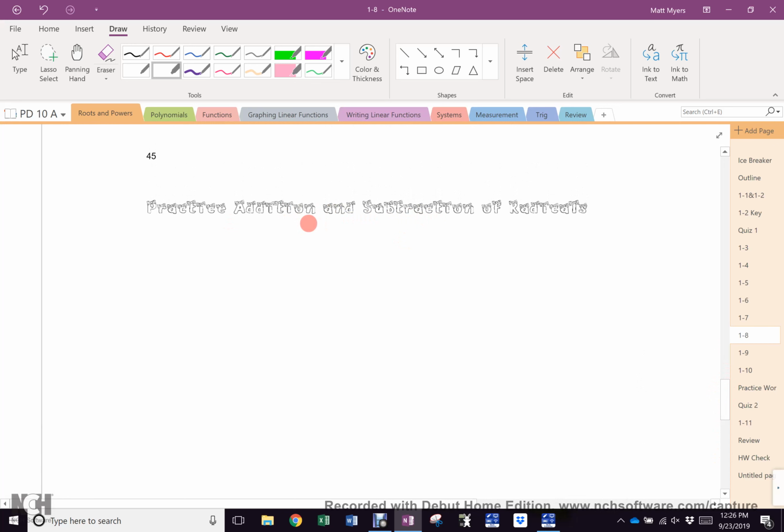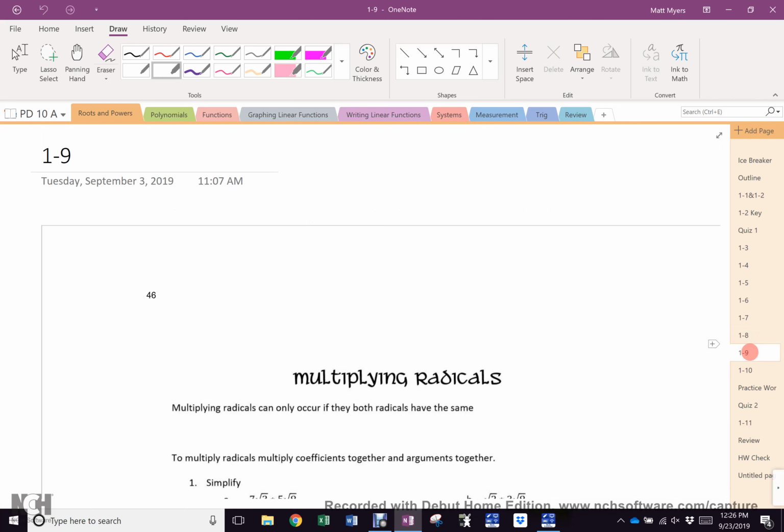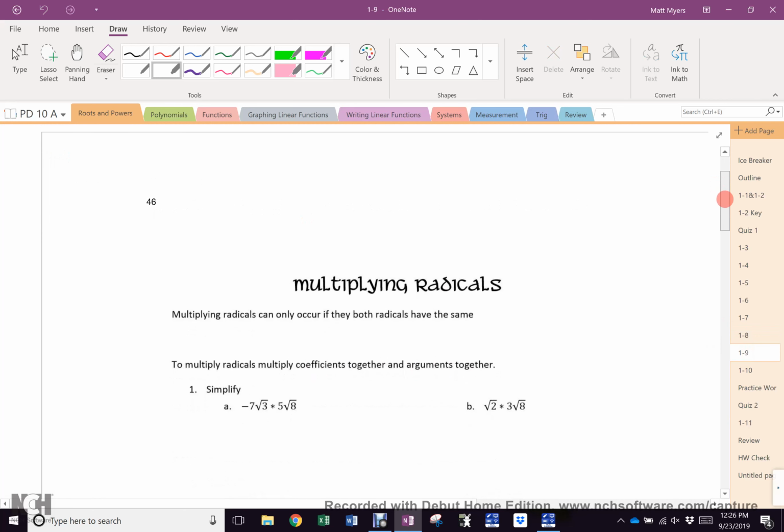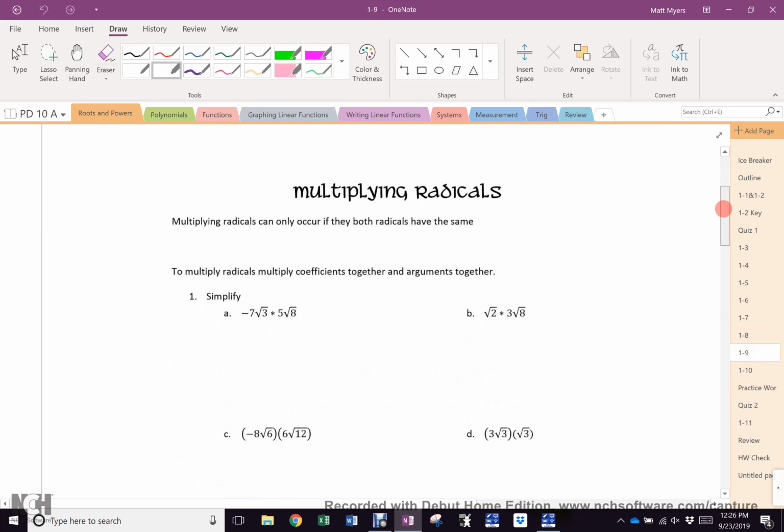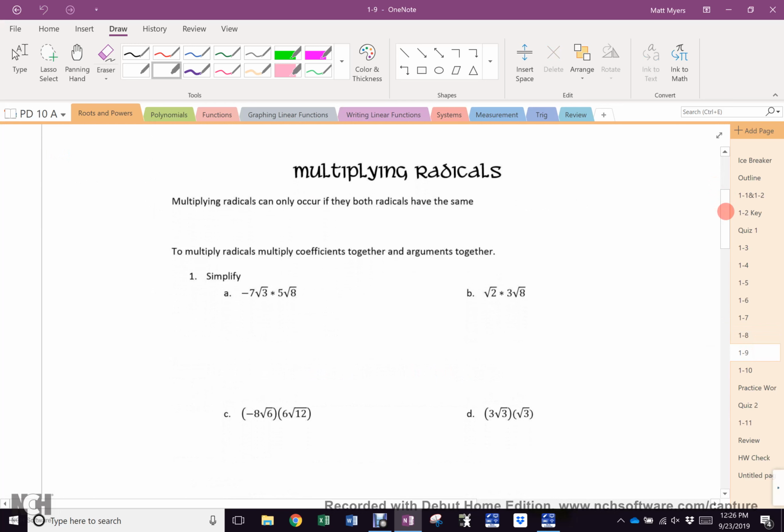But first, while you have adding and subtracting in your head, let us take a quick look at multiplying. Now, once again, we are going to bring prior knowledge to the party.